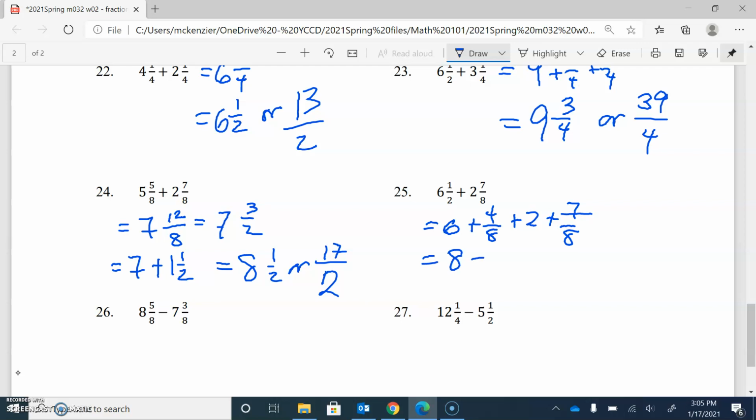So it'll be 8 plus 11/8 when I add the numbers and then the fractions. But 11/8 is 1 3/8, so 8 plus 1 3/8. So we should combine the 8 and the 1, and our final answer is going to be 9 3/8. Or, if you really want to, 75/8.